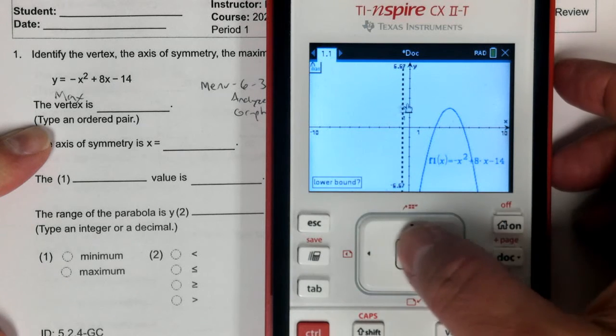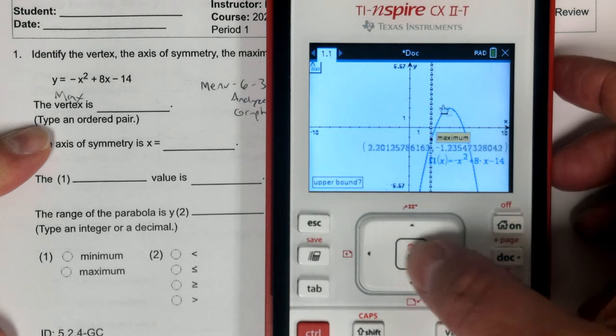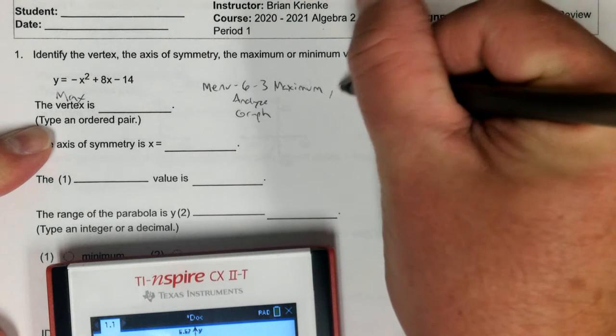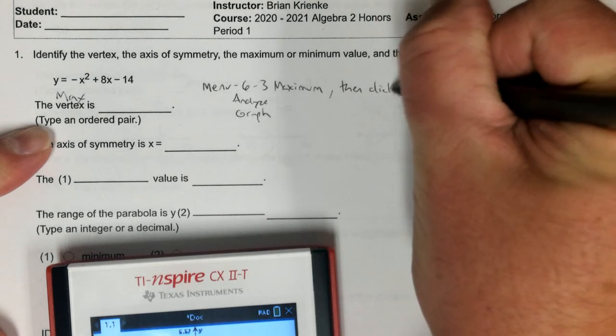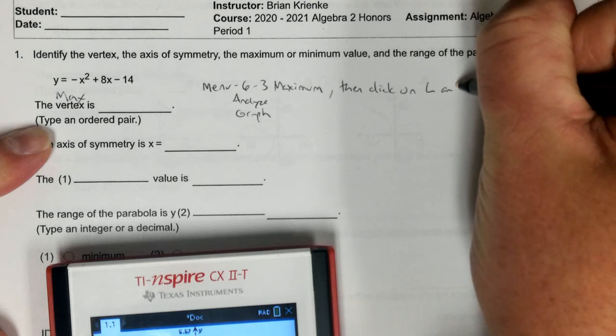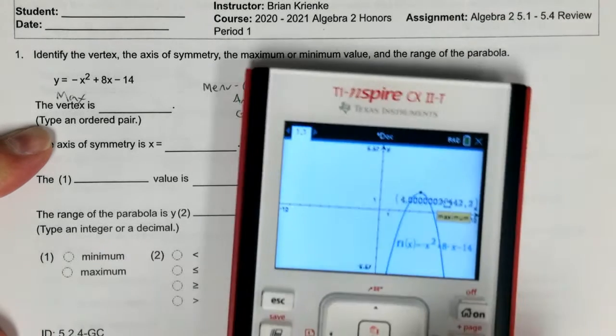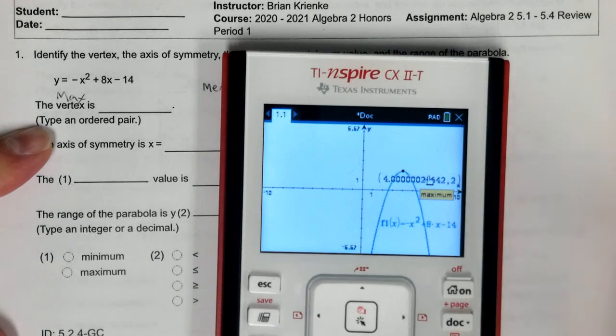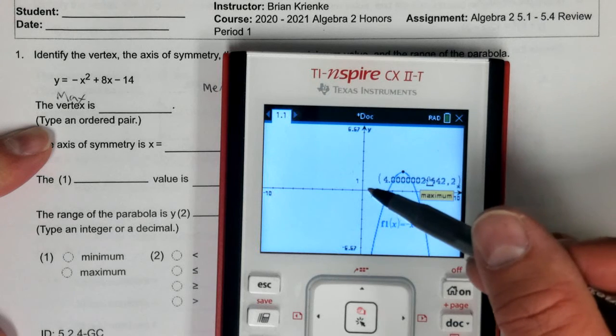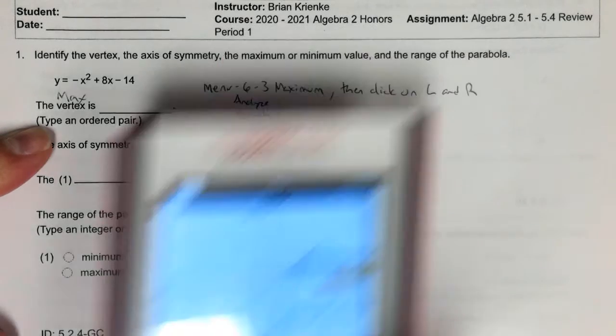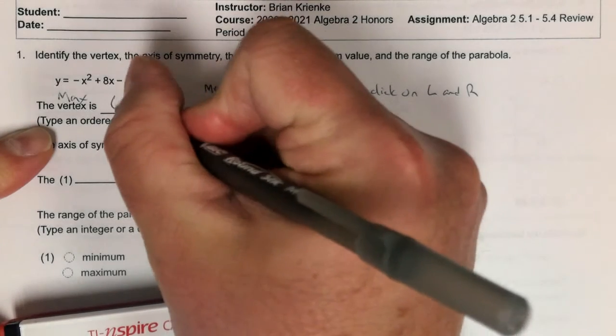And then just click on the left side and the right side. So then click on the left and the right. And then you're going to want to put 4, 2 for your answer.